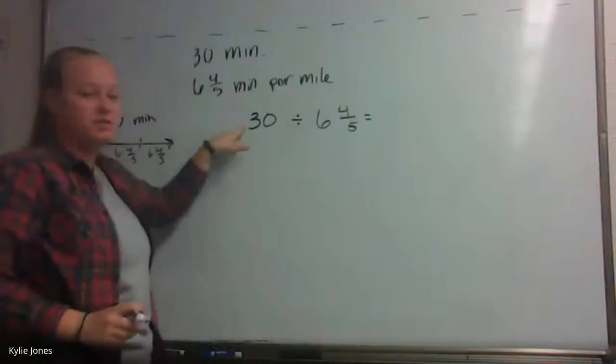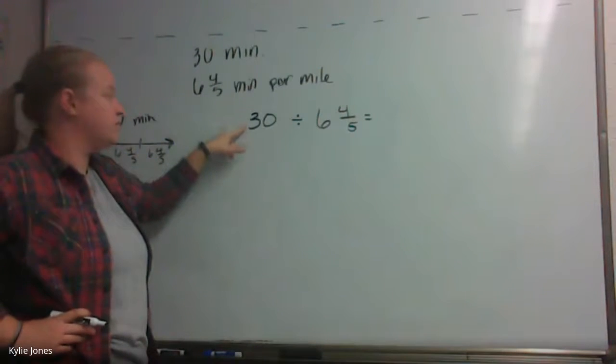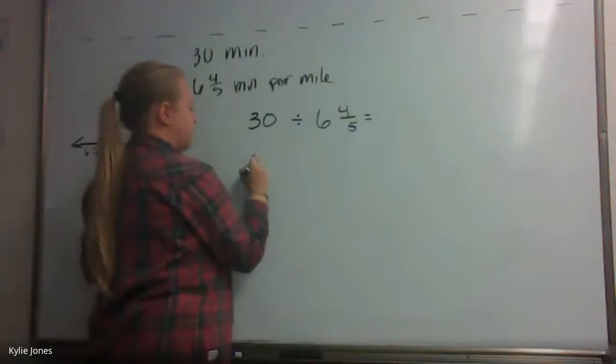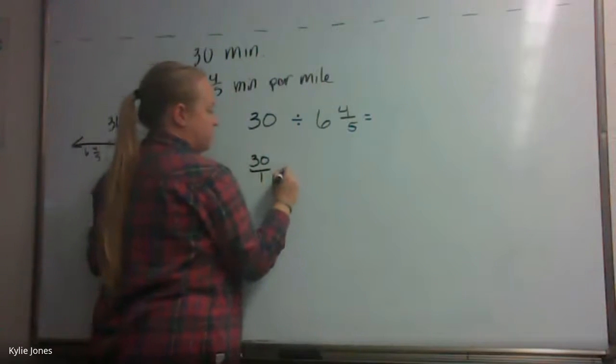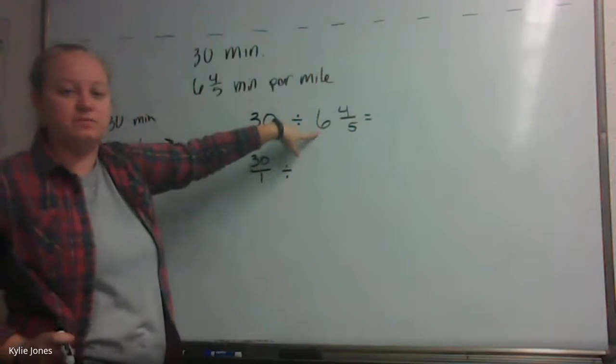How do I change 30 to an improper fraction? Just put a 1 under it. 30 over 1, divided by. Now we need to change 6 4/5. What do I do?